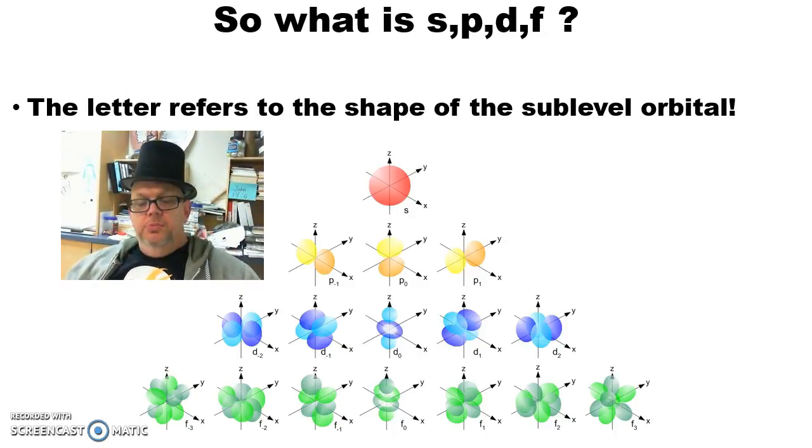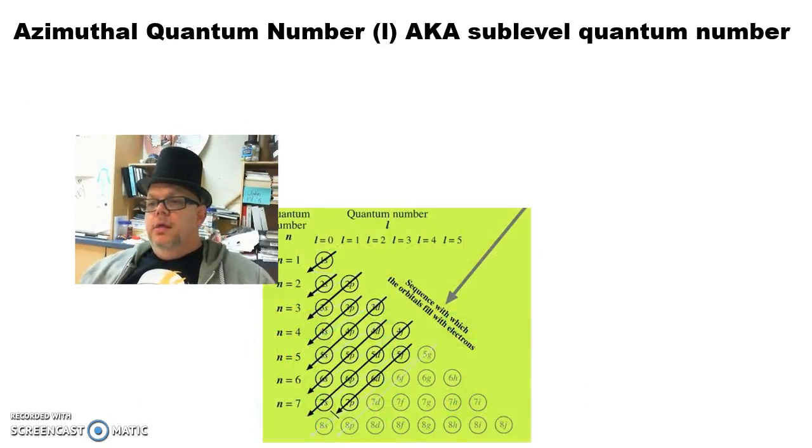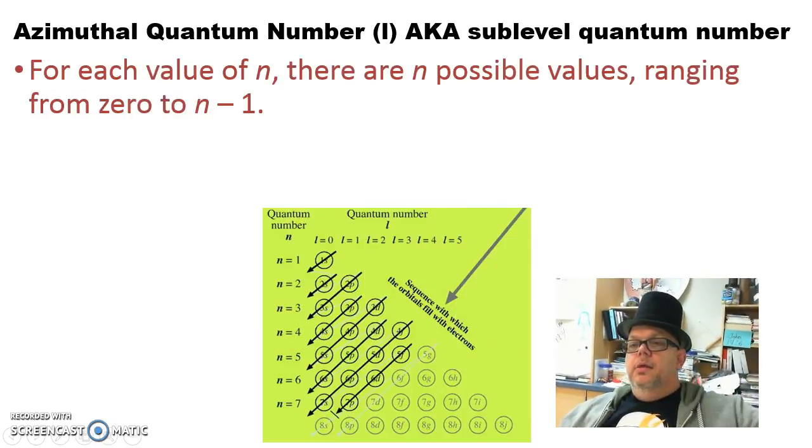Okay, so let's move on. If we go look at it, for each value of n, there's n possible values ranging from 0 to n minus 1. So if you notice here, we're looking at our azimuthal quantum number, or the sublevel quantum number. For level 1, 0 to n minus 1.